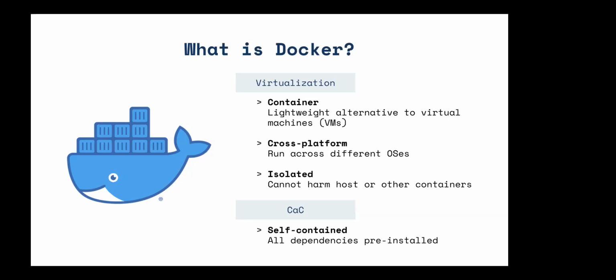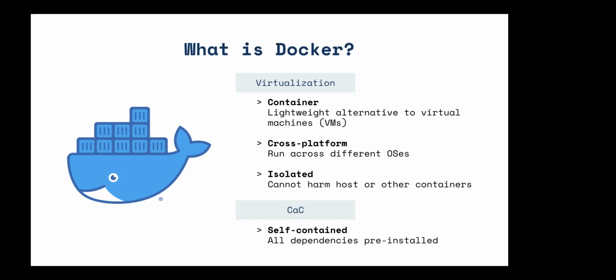Same with Java. I could run a container and then install Java by SSHing into the container, but if I have all my dependencies pre-installed beforehand, then it becomes a self-contained application. You can run it just as if you were running your Chrome browser, with one line.